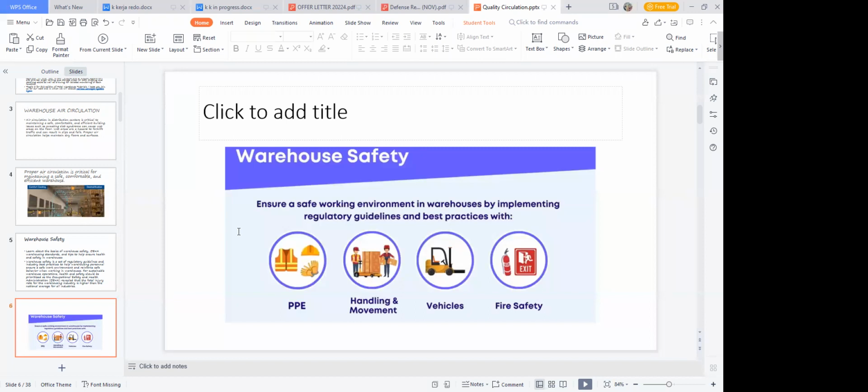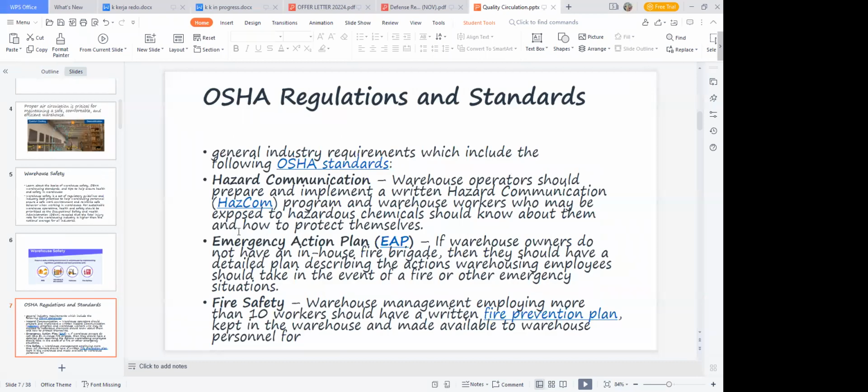That's why the practice of safety standard must consider the situation or the status of the product. Is it fully packed or half packed? So we have to take that into consideration. All right, so this is another focus of OSHA.